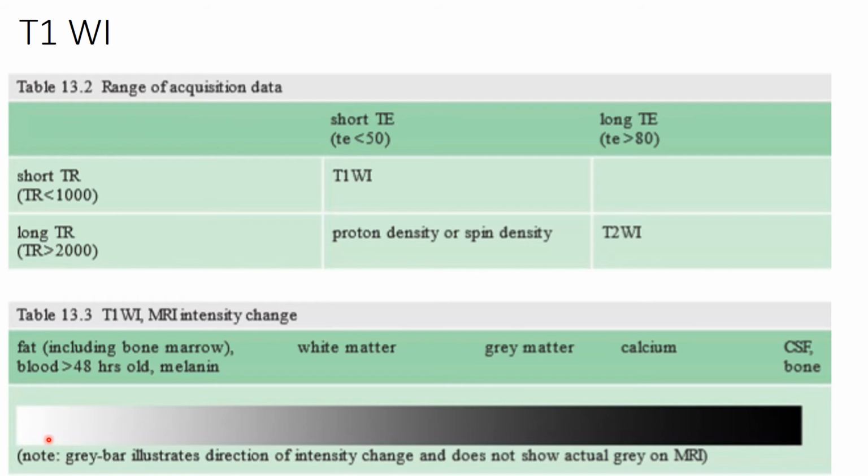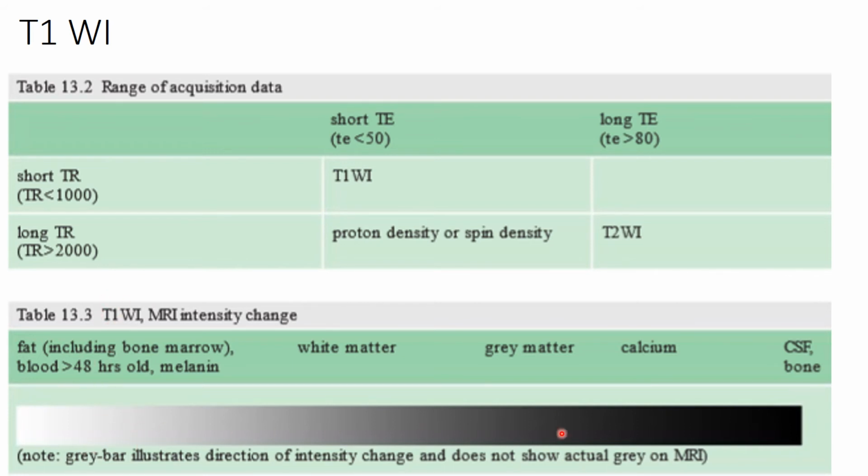So what are the things that will appear hyperintense on T1, what are the things that will appear hypointense on T1, and what are the things in between? The fats, including the bone marrow, and blood which is more than 48 hours old, and melanin, will appear white, that is, hyperintense on T1 MRI.